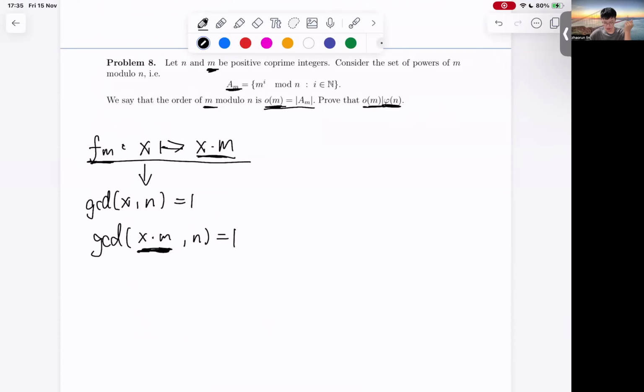So after we have the permutation graph, you could imagine that we would have a cycle where all of the elements in this cycle are coprime to n, right? Because we map all of the x that are coprime to n to another element that is coprime to n. So every cycle will either contain elements that are all coprime to n, or elements that are all not coprime to n.